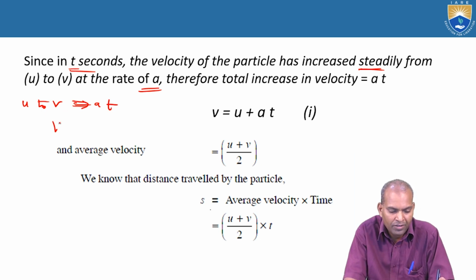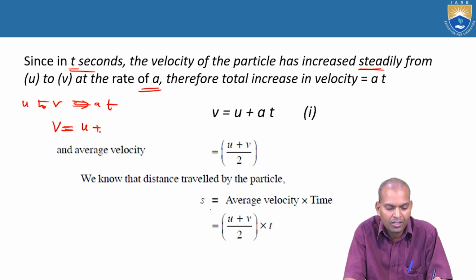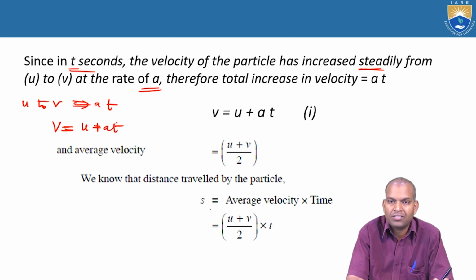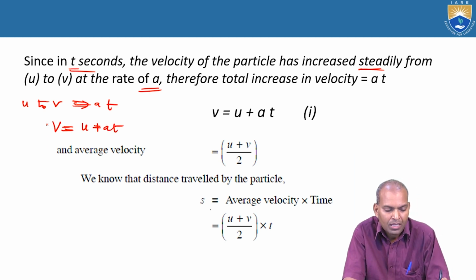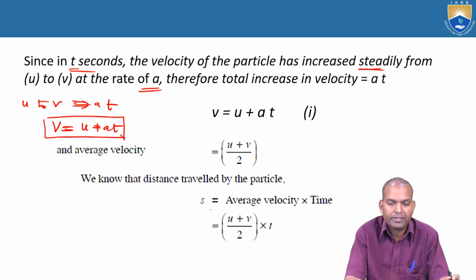Now what about the final velocity? The final velocity equals the initial velocity plus the total increase in velocity, that is a times t. This is one of the equations of motion.